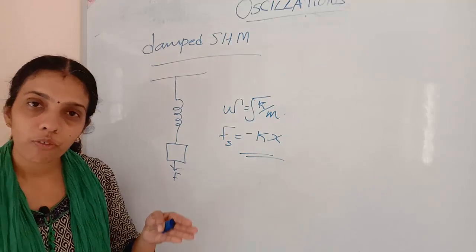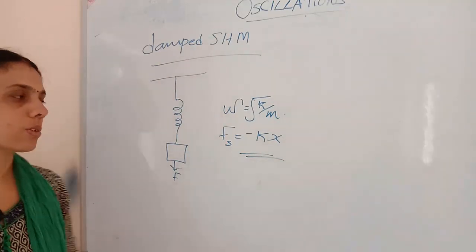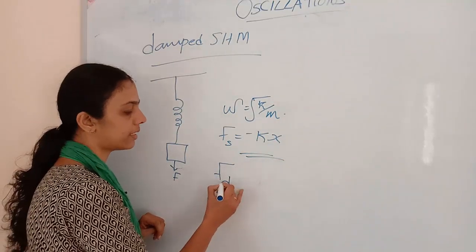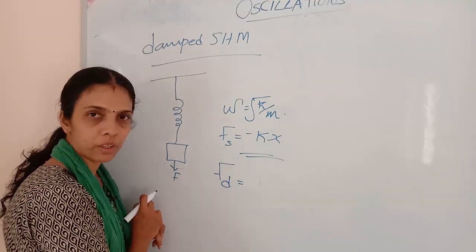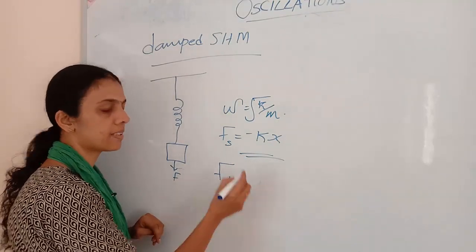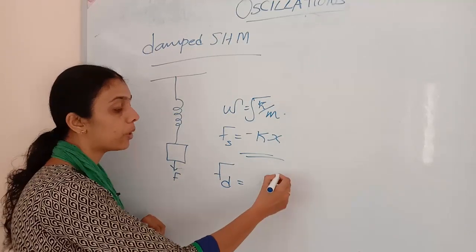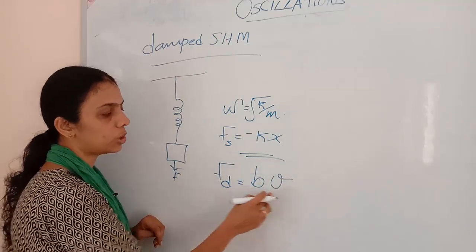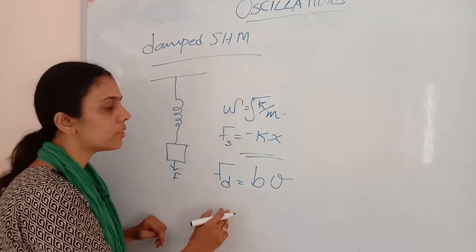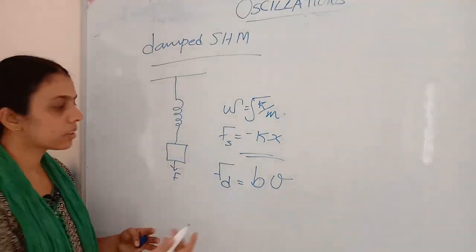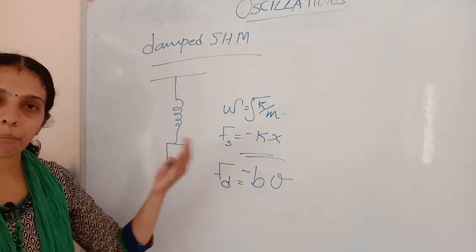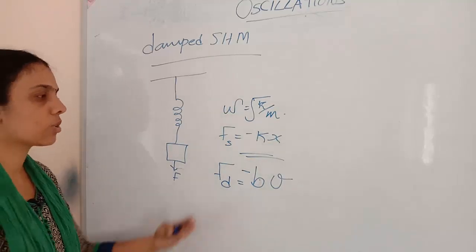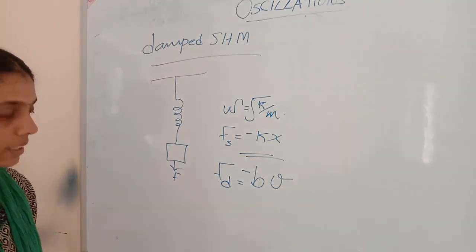But because of damping, another force also will come into effect, that is the damping force. The force due to damping is proportional to velocity, so we can write it as equal to bv. So what is the total force acting? It is decreasing, right? So damping also will have a decreasing effect. So it is bv we can write.